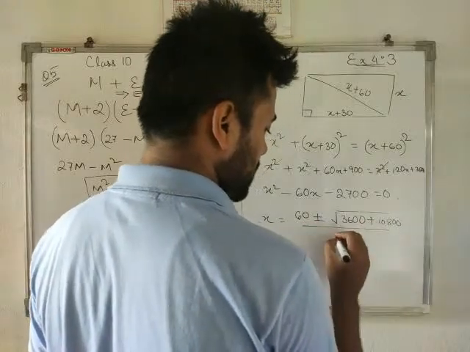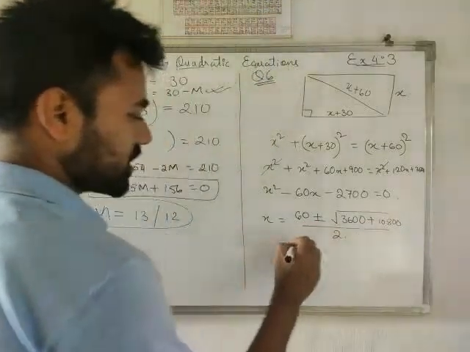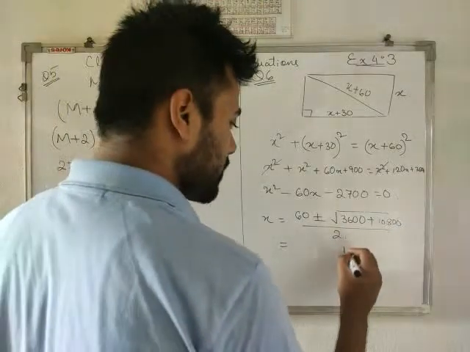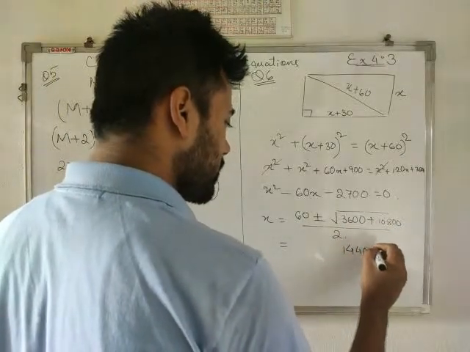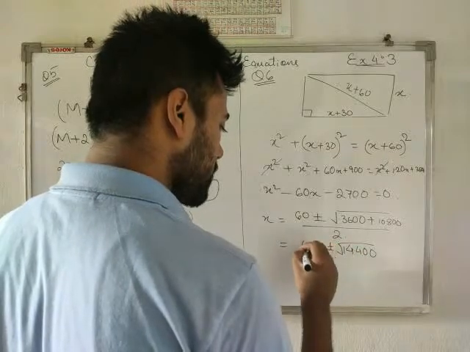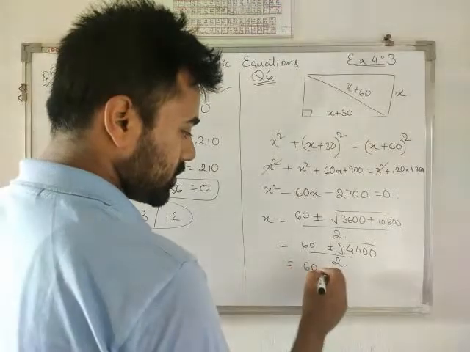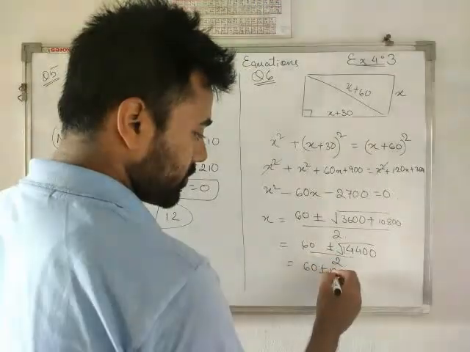It is just that the calculation is a little bit longer. There should not be any problem, right? Because after adding this we will get root 14400, which is nothing but 120.